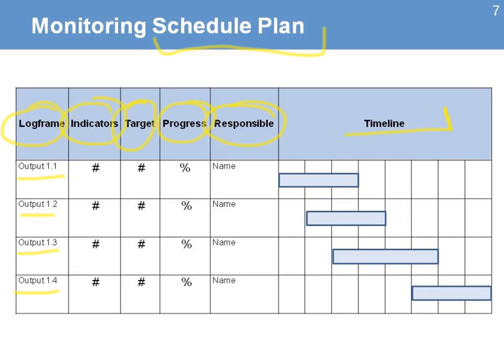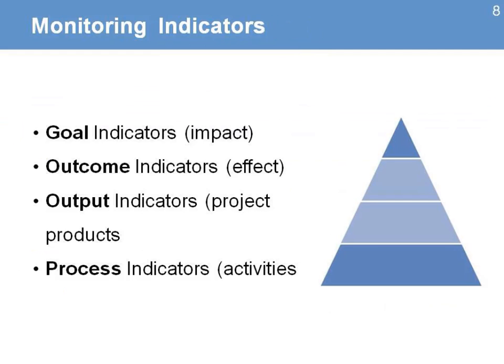The timeline gives us an idea of when the output needs to occur based on the information in our schedule, and it's a way to track the progress of the different outputs as they are happening through the life of the project.